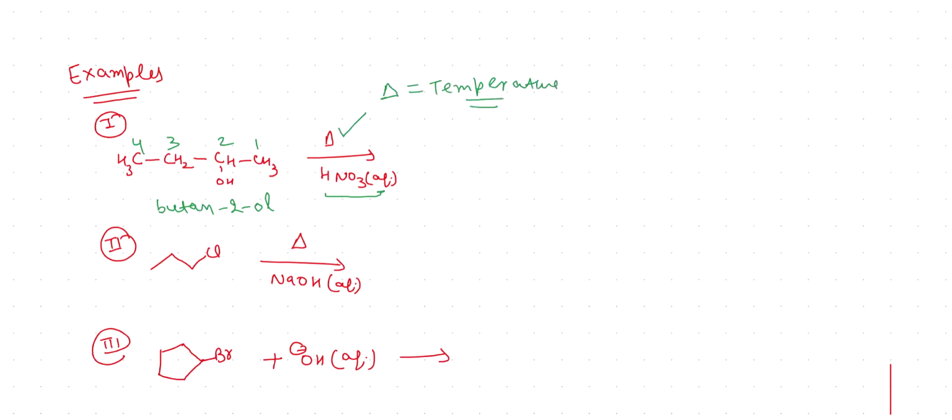So we have to guess whether it will undergo substitution reaction or elimination. Just check the condition. Here temperature is used, so if high temperature is used, we will prefer elimination reaction.